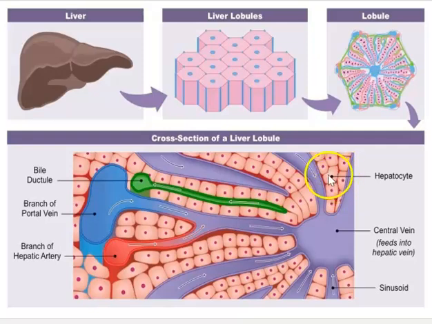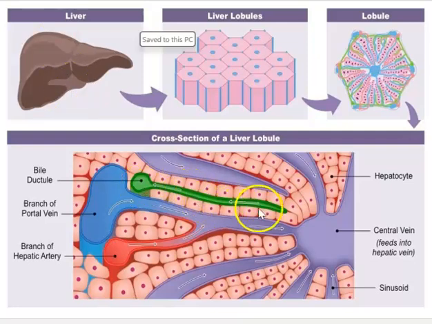This is pointing out the hepatocytes. Remember, the hepatocytes make up about 70% of the liver's mass. Here are macrophages that would presently be hanging out along the inside lining of these sinusoids, waiting to be able to pick up any foreign debris.